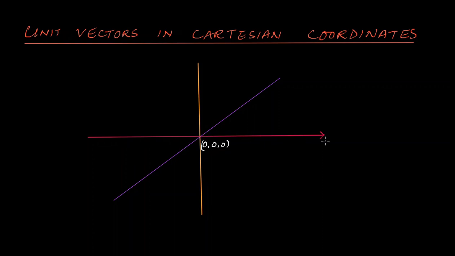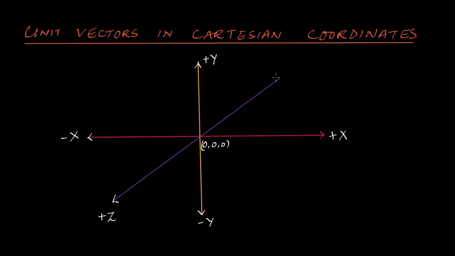If you go towards the right side, this is positive x. If you go towards the left side, this will be negative x. If you go up, this will be positive y. If you go down, this will be negative y. If you come outward, perpendicular to the plane of the board, this will be positive z-axis.